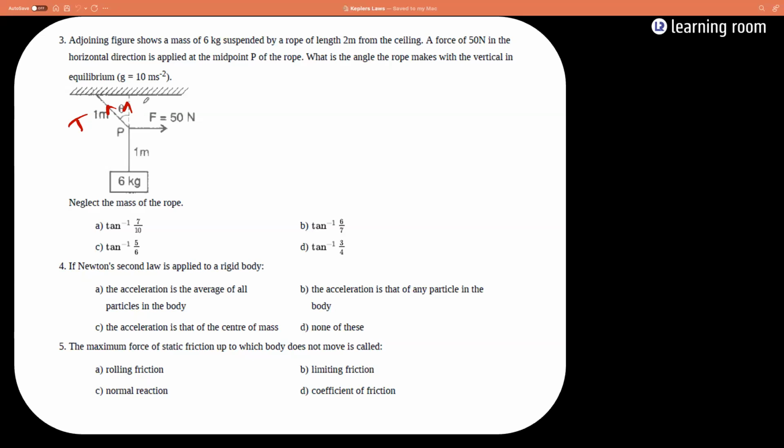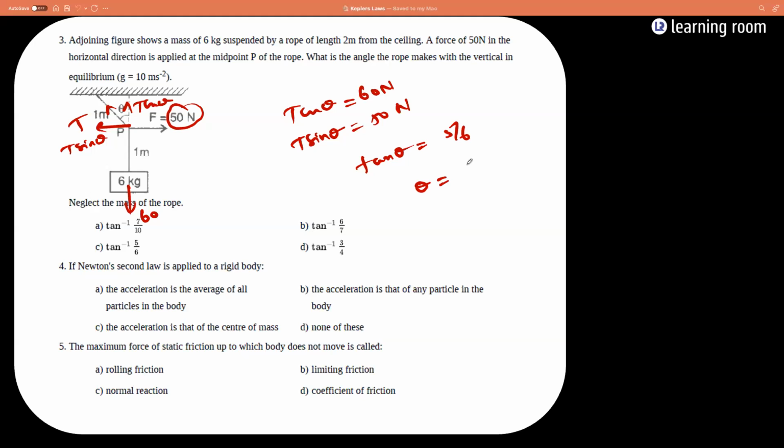This tension can be resolved into two components, T cos theta and T sin theta. So T cos theta is balanced by 60 Newton, and T sin theta is balanced by 50 Newton. Upon division, tan theta is 5 by 6, so theta is tan inverse of 5 by 6. This is all.